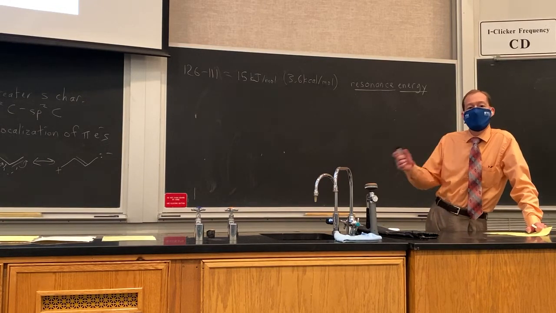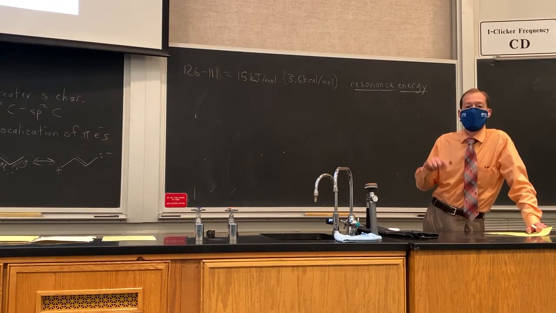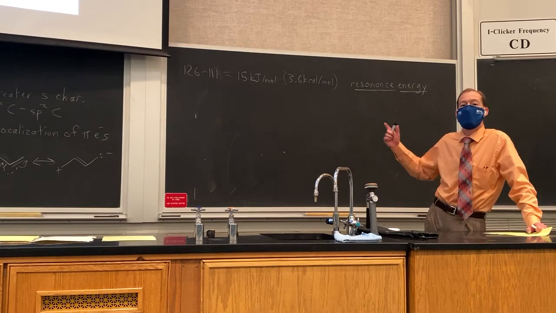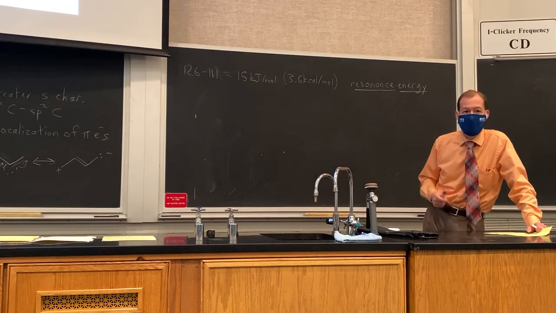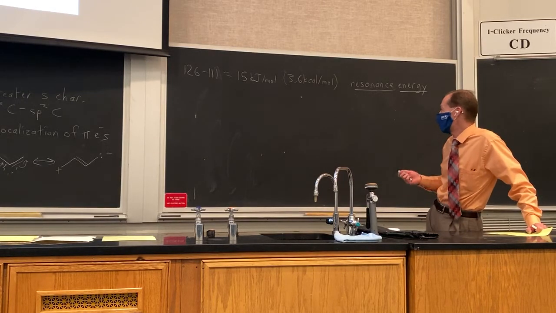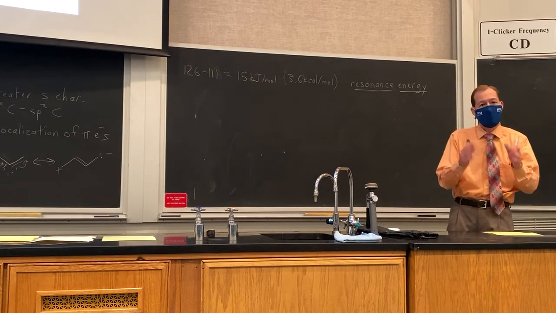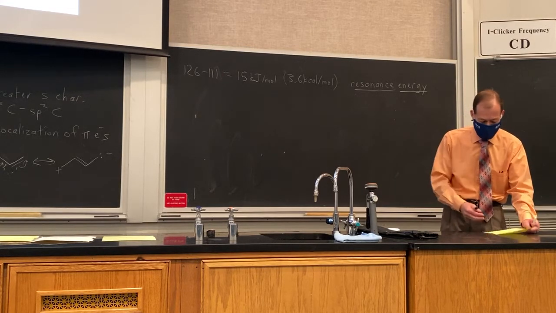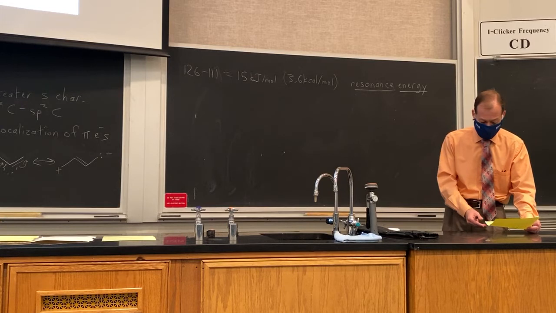When we get to our next chapter, chapter 17, and we're talking about cyclic conjugated systems, we'll find that they have much higher amounts of resonance energy, but we can also measure it in that case. So resonance energy is a concept that we're going to explore not only in this chapter, but in our next chapter as well.